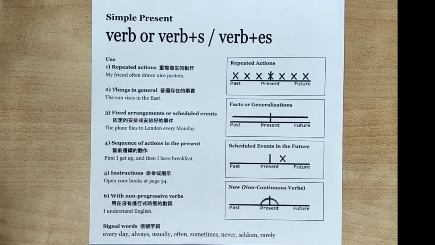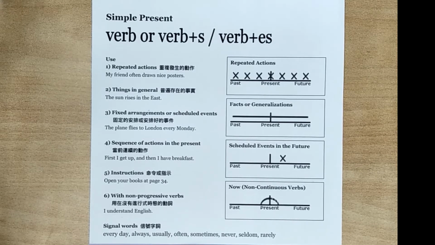Alright, we use some special words called time frequency adverbs. These time frequency adverbs go in front of the verb. 1, always. 2, usually. 3, often. 4, sometimes. 5, never. 6, seldom. 7, rarely.